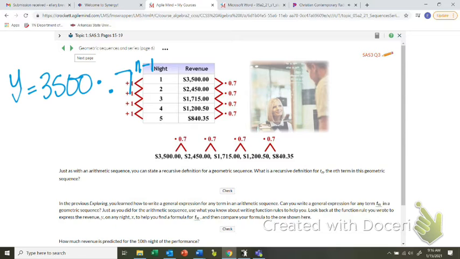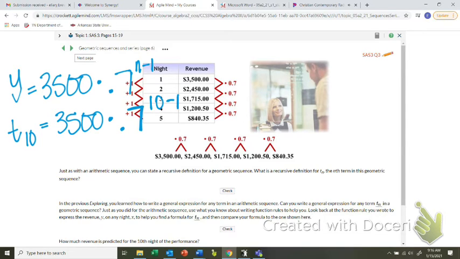So, T10 tells me I plug in 10 for N. So, we've got 3,500 times 0.7, and the power is going to say 10 minus 1.